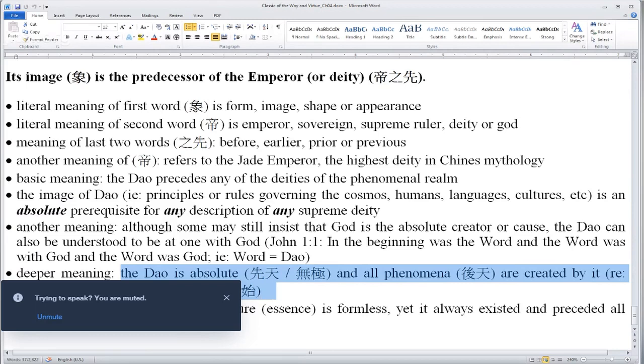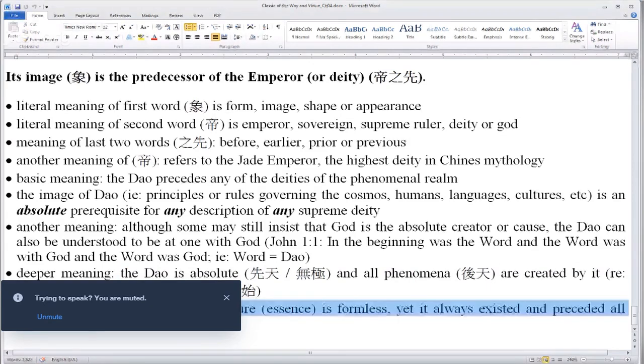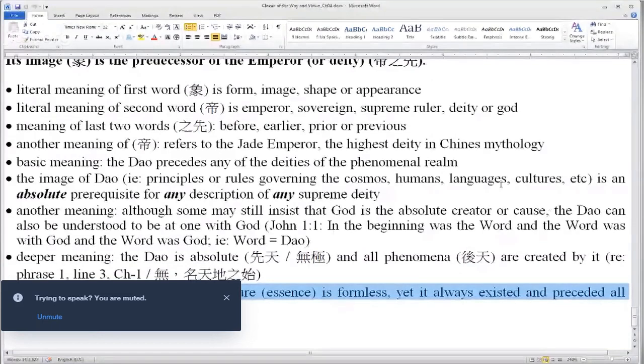Wu means the Tao, literally void, empty, or nothingness, and we call it the creator of heaven and earth. Another meaning is that our Buddha nature, or essence, is formless but has always existed. It precedes everything, all phenomena. That's the end of chapter 4.